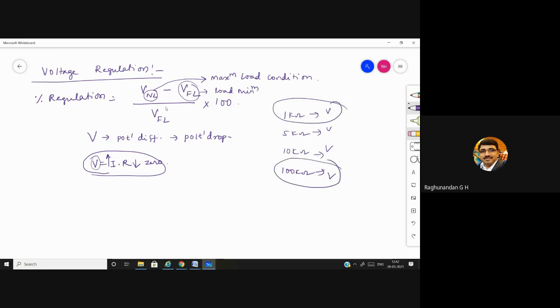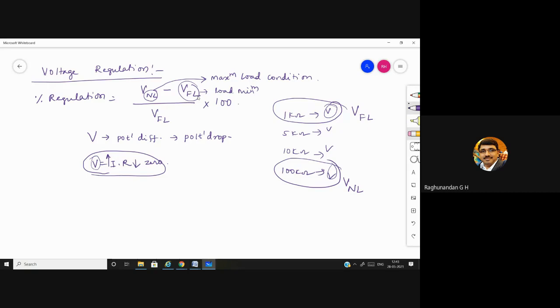According to this equation, what is 1 kilo ohm? Which value will be considered? Full load. This is VFL. This is VNL. By substituting this voltage in this equation, we'll come to know how much fluctuation it is having.